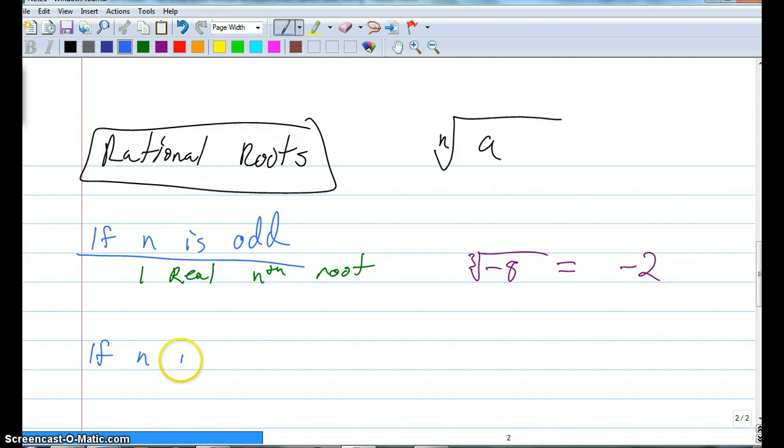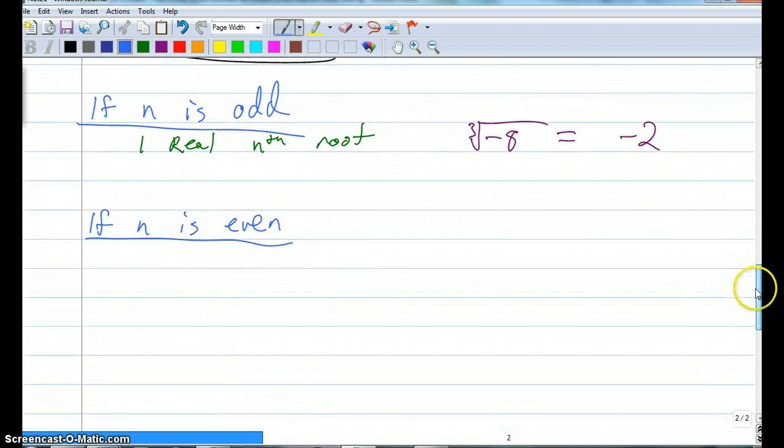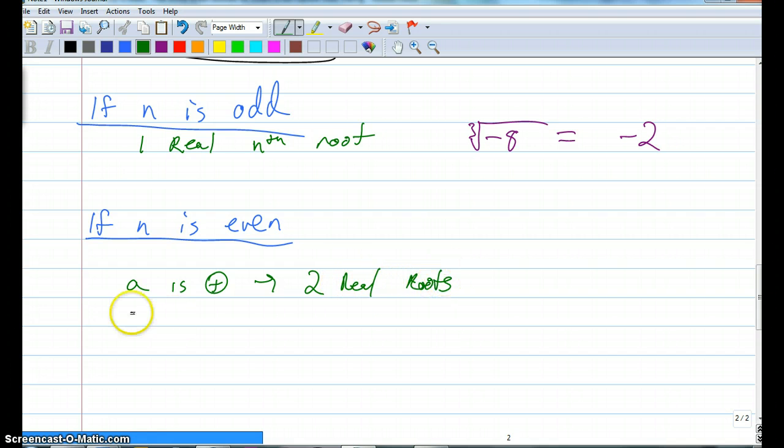Now, what if n is even? What if n is even? Well, here's where it gets tricky. There's 3 scenarios here. 1, if n is even and a is positive, that means there's going to be 2 real roots. 2 real roots.